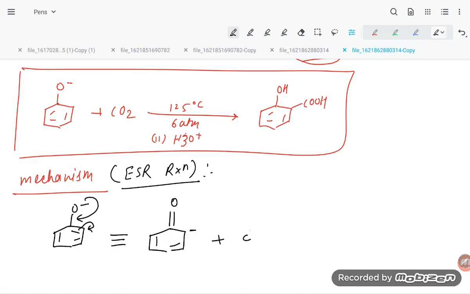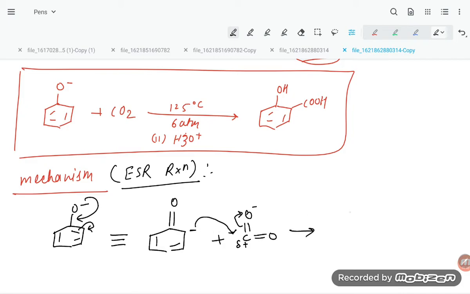Now you know that carbon dioxide is a weak electrophile because of the pi bond. So this bond shifts here, making that oxygen negative and this carbon positive, so the attack of the electrophile will take place. This arrow shows the movement of electrons.